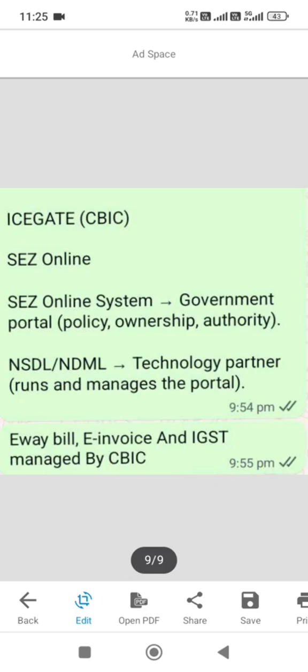These both companies are private. Okay, so NSDL, National Securities Depository Limited, and NDML, National Database Management Limited, the technology partner, run and manage the portal.